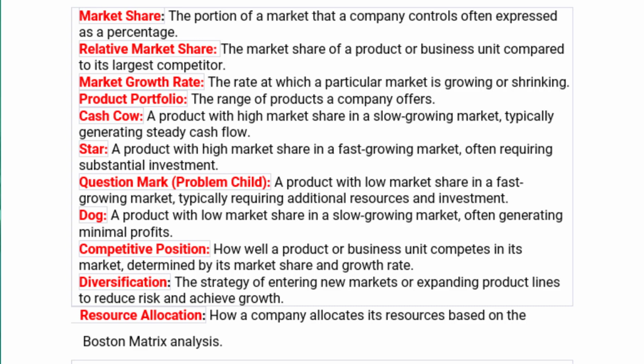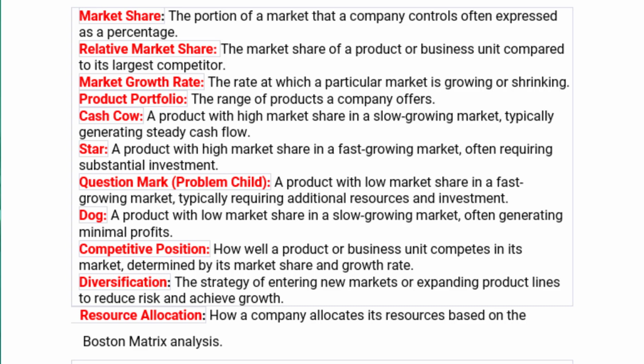The cash cow is a product with a high market share in a slow growing market, but it generates revenue and cash flow. A star is a product with a high market share in a fast growing market and also requires investment. A question mark can be called a problem child. It's the same thing.